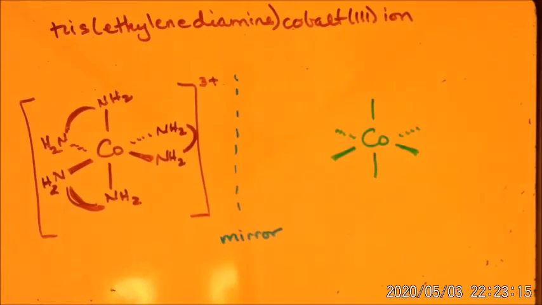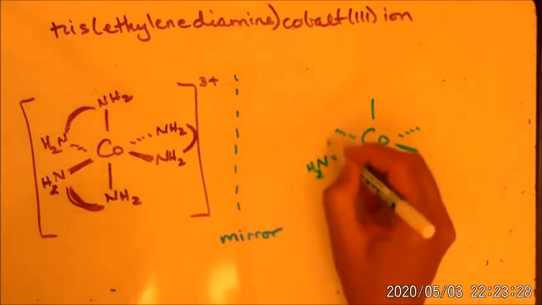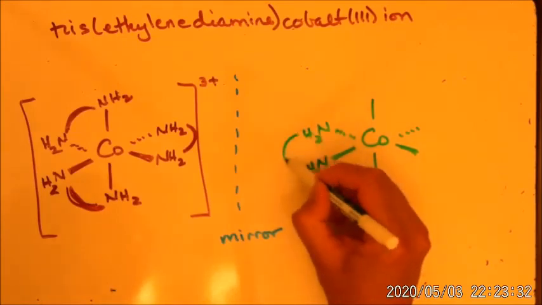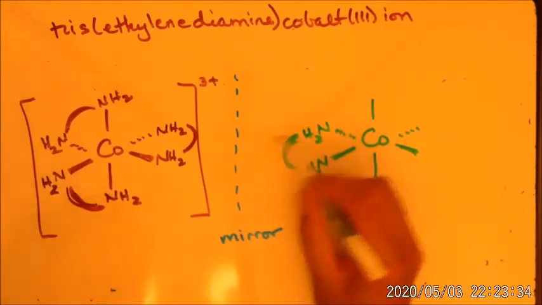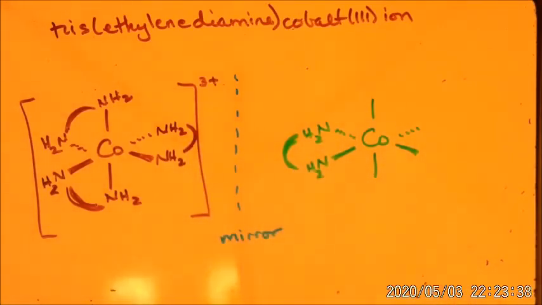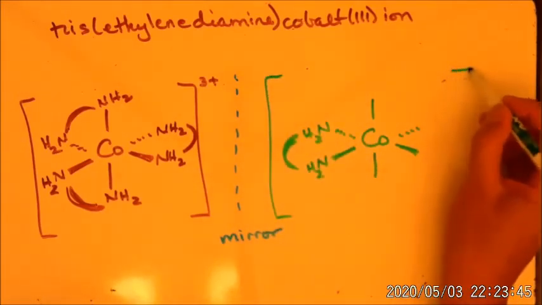Okay, now if we try to draw the same thing, the mirror image, I have an NH2 here and an NH2 here, and my ribbon goes here because that's closest to my mirror. The way to check it is to stand in front of a mirror and hold something to it.